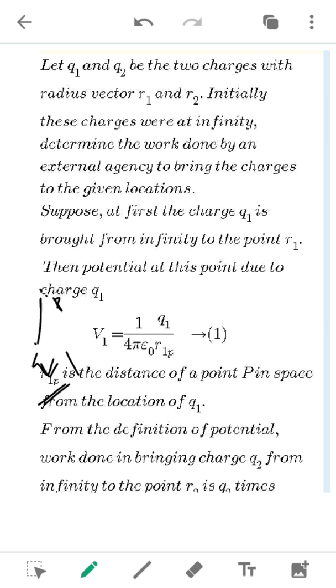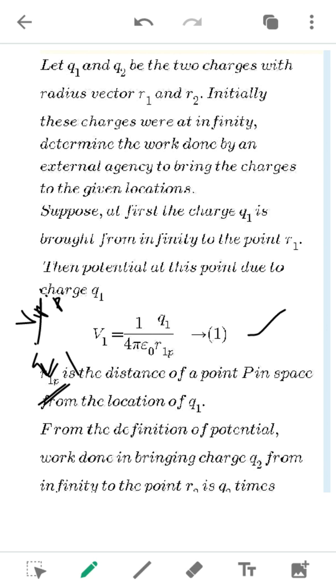So let us consider the distance from q1 to P as r1P. Therefore we will get the equation V1 equal to 1 upon 4 pi epsilon naught q1 upon r1P.